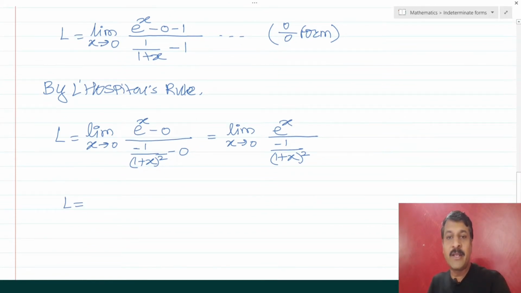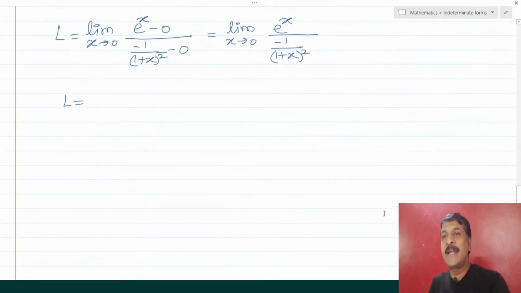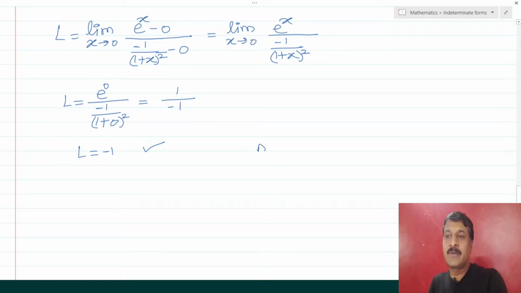If numerator or denominator is non-zero, it is not indeterminate form. So putting x equal to 0, I get minus 1 upon (1 + 0) whole square. Directly also you can write it. So I am getting 1 upon minus 1. So what is the value of the limit? That is minus 1, which is your required answer.